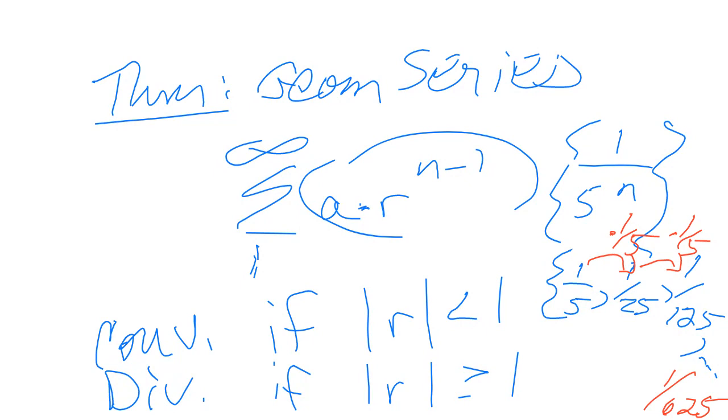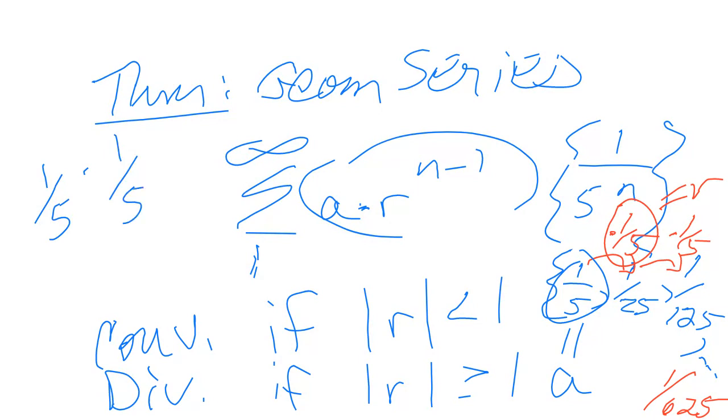So in this case, the ratio R is the same as A, the value of the first term. And so in this case, we have 1/5 times 1/5 to the n minus 1 power. And of course, this is 1/5 to the first power times 1/5 to the n minus 1.